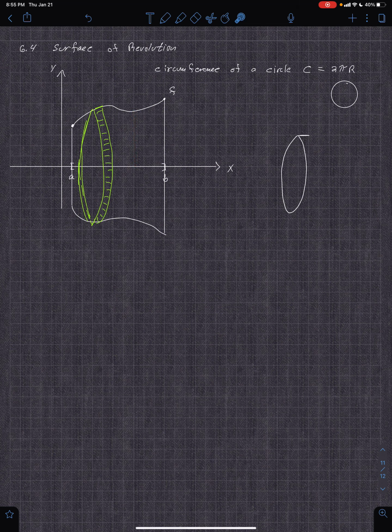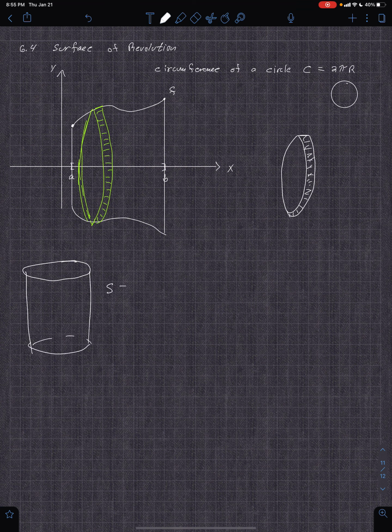Now, let's suppose you want to find the surface of that. It's basically this piece here, which is like a cylinder, right? It's like a cylinder, but it's not the volume of the cylinder, it's the surface area. If you derive a formula for the surface area of a cylinder, I'll do this real rough and brief.